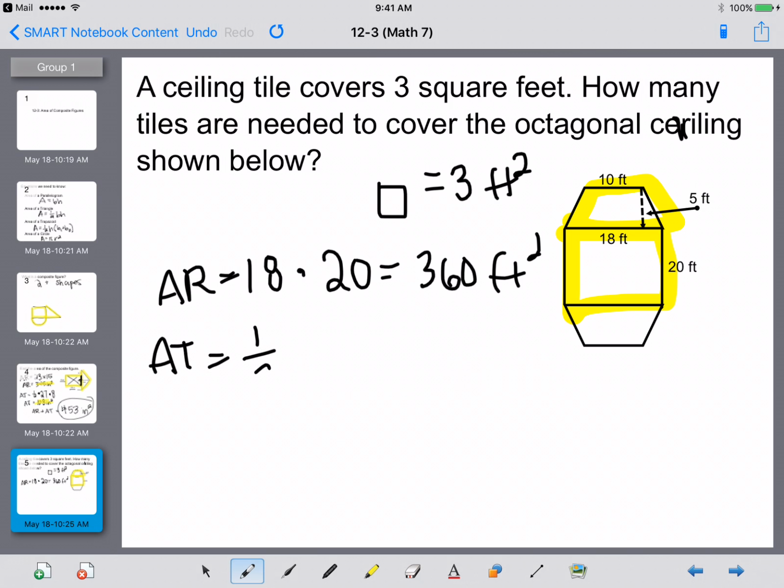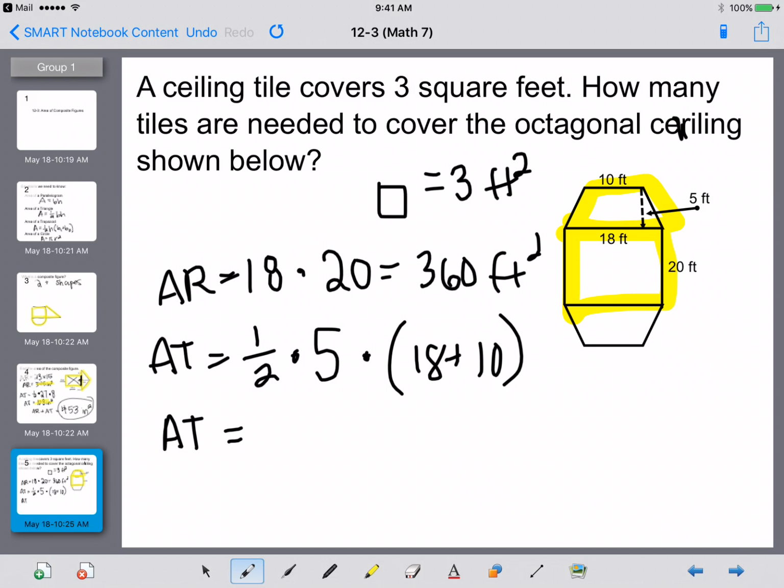So that's 1/2 times the height of 5 times the sum of our bases, so 18 plus 10. So 18 plus 10 is 28, times 5 is 140, and half of that is 70. So the area of the trapezoid is 70. And there's 2 of them, so that gets us to 140 feet squared.